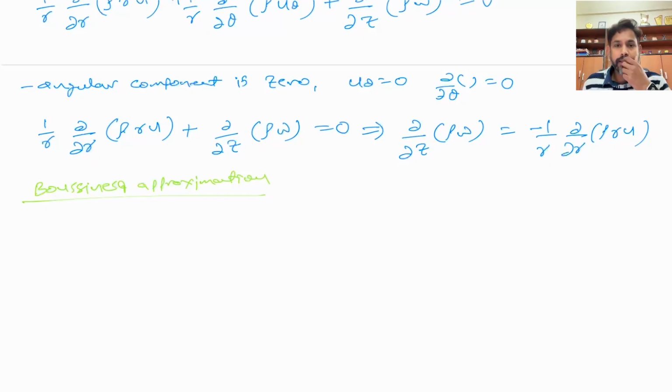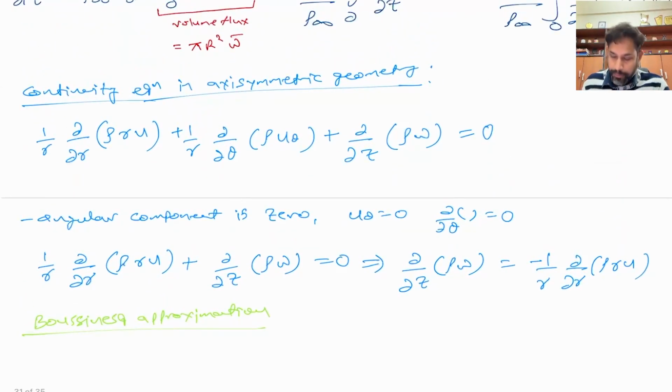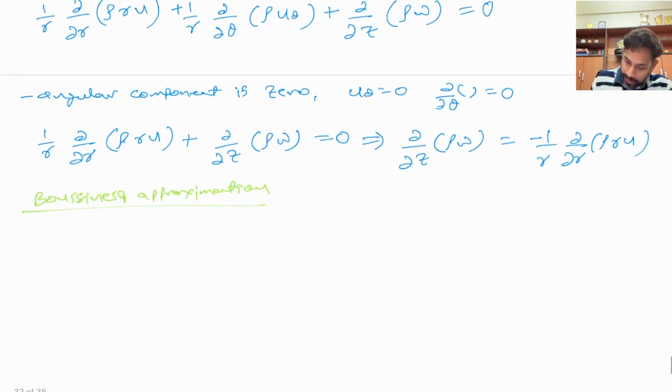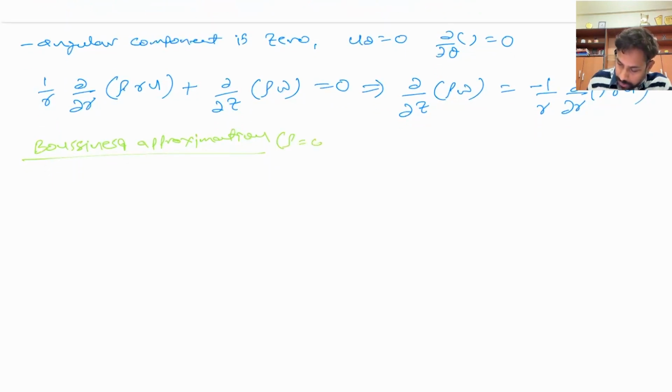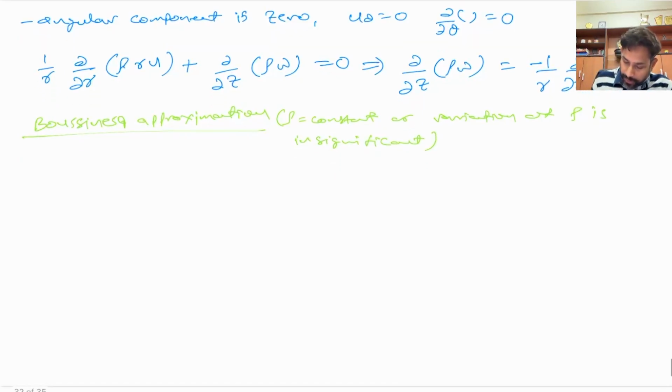Because the continuity equation with the Boussinesq approximation assumes rho is a constant, this equation can also be written with rho constant, or variation of rho insignificant. So the equation we have written above becomes 1 by r d by dr ru plus d by dz w is equal to 0.